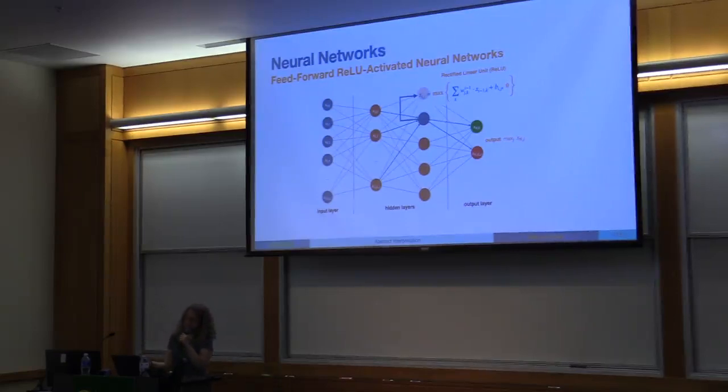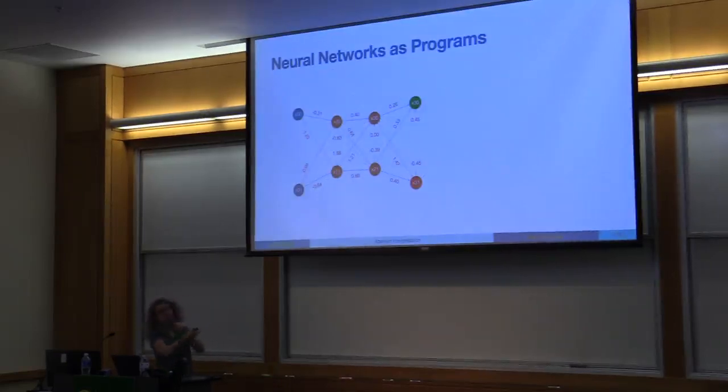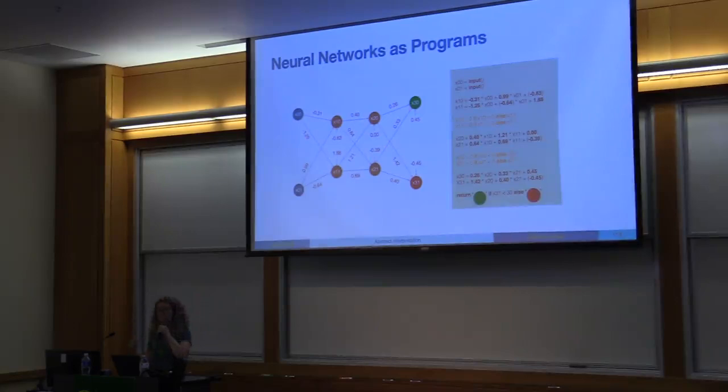Since I like programs, you can also see neural networks as programs in a way. This is an example that we're going to use in the rest, or rather a variant of an example that we're going to use. We have 2 inputs, 2 hidden layers with 2 nodes each, 2 outputs. We can also write it as a program like this, in a sort of Python-like syntax, so I'm not being consistent with the syntax you have seen yesterday.